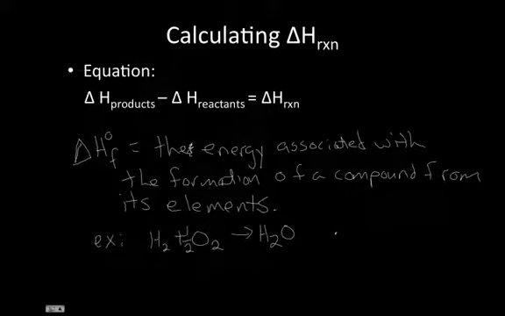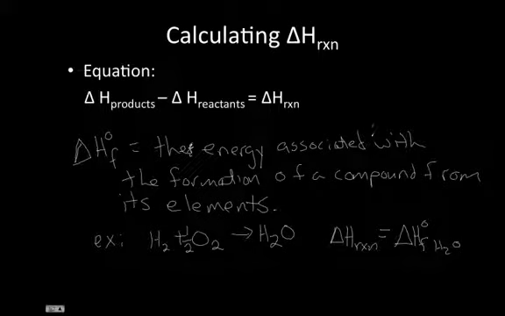So that means we stick a 1/2 in front of the O2 to make that balanced. So in this case, the delta H of this reaction is equal to the delta H of formation for water.